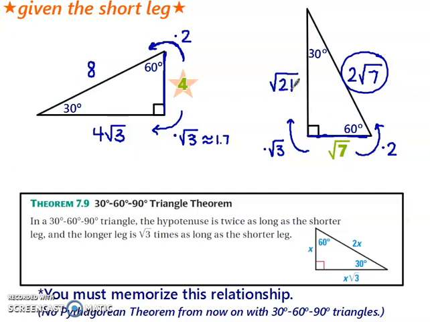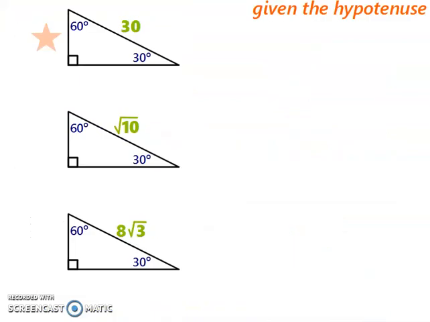And actually that's already in simplest radical form, so I'd be done. So this time there are 2 things that you have to remember, right? There's that twice as long, and there's that square root of 3 times as long. Again, this is another one that you'll have to memorize, just like the square root of 2 for 45-45-90. You have to memorize this relationship for the 30-60-90.